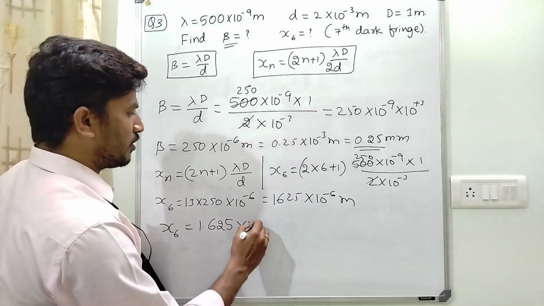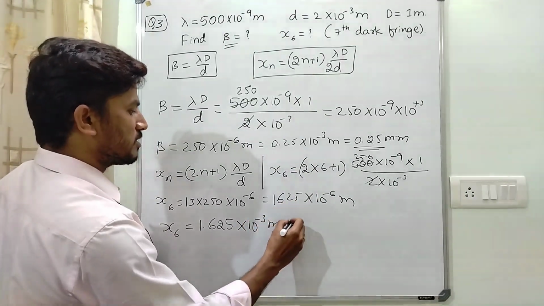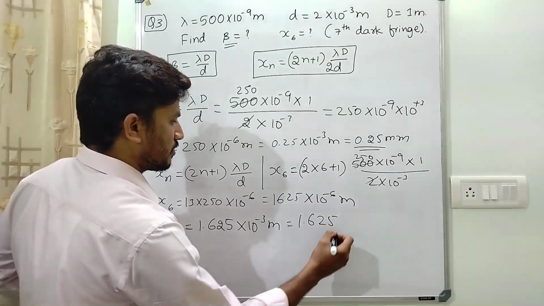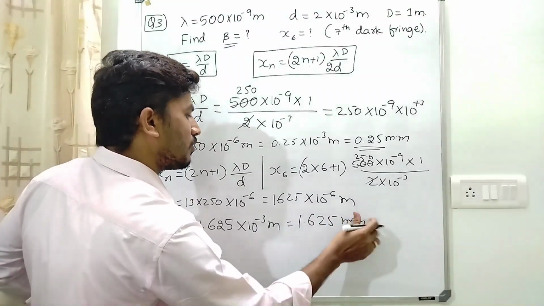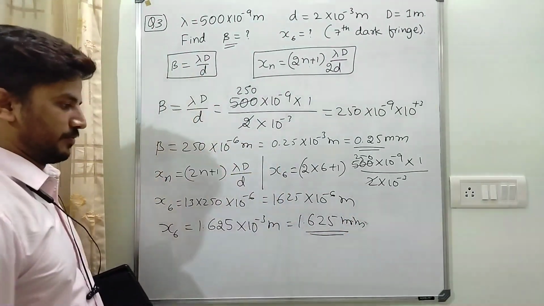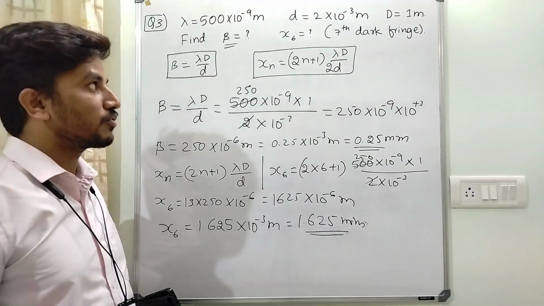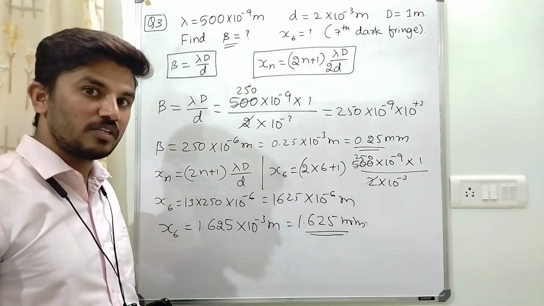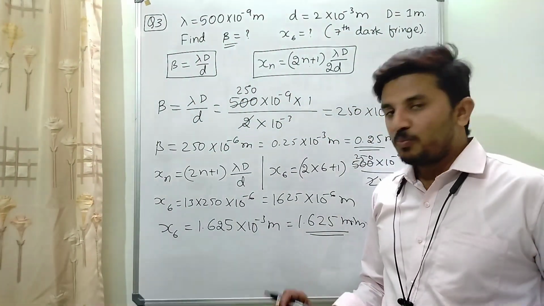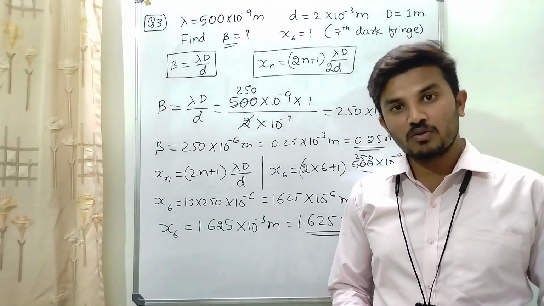Because I'm going to shift the point, we'll get 1.625 millimeter. That's it. So this is the distance of the seventh dark fringe from the center of the screen. I hope this is also clear to you all. Now let us solve one more question.